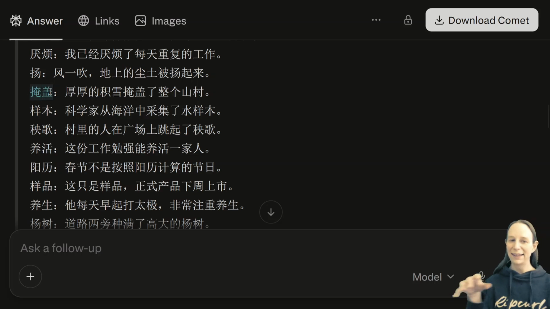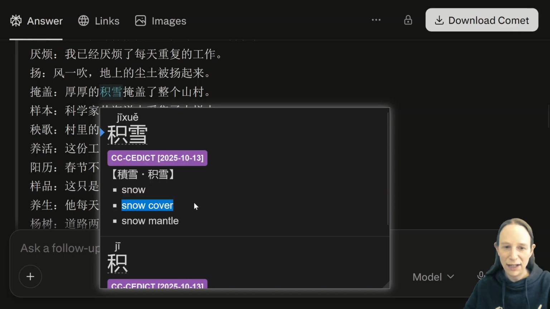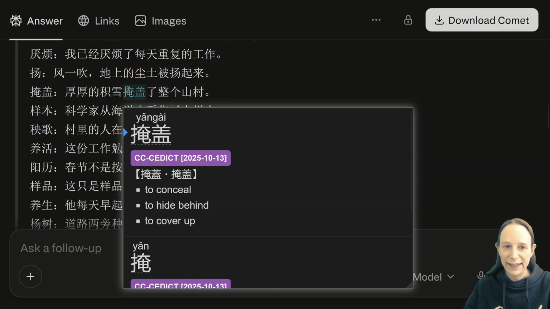So yangai, this will be a verb meaning to cover something. 厚厚的积雪. So 雪 is snow. 积 emphasizes how it's accumulated over time, or perhaps with snowfall. 积雪掩盖了整个山村. So the snow cover is covering the mountain village. 掩盖. Oh, cover or conceal even.